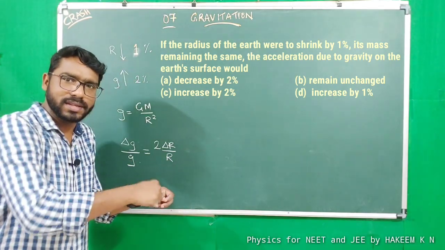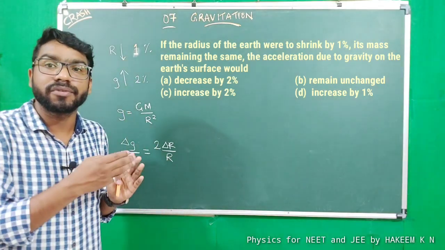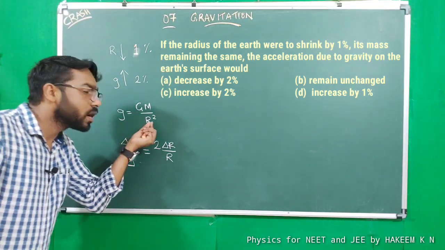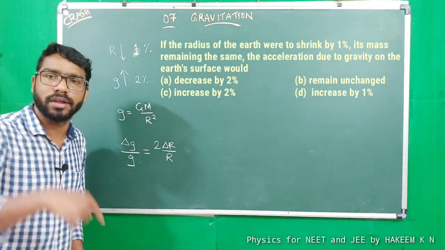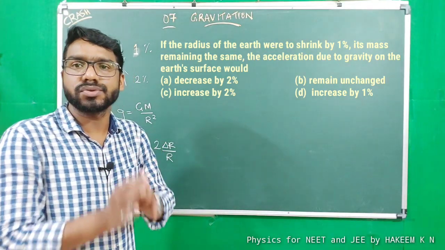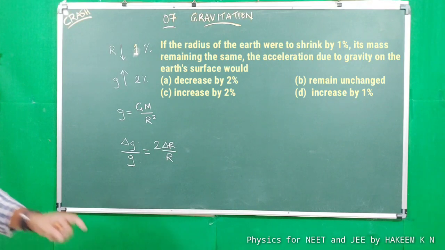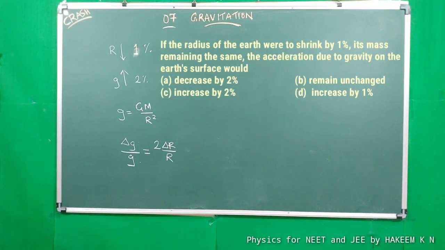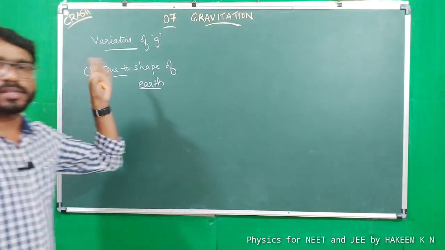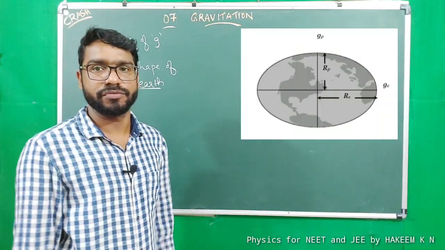If the radius decreases, g increases, and if the radius increases, g decreases, because the radius comes in the denominator. Okay, so here is the answer. The answer is option C, increase by 2%.